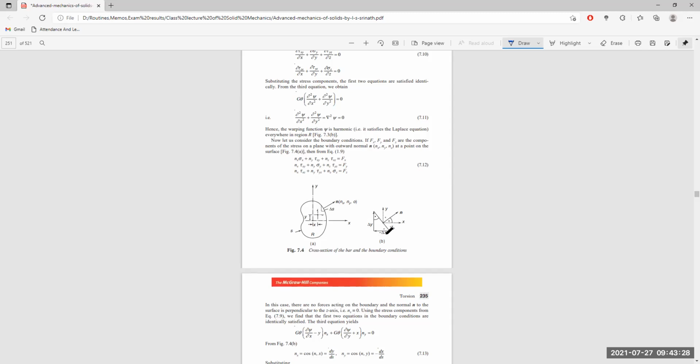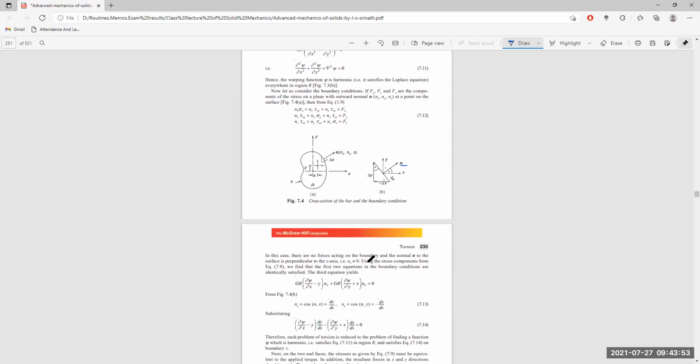We are saying that this is the minus x displacement because it is going to the negative side of the x-axis, and the plus y is going to the positive side of the y-axis. Here we have the x-axis, y-axis, and n is the normal on this particular plane. There is no force acting on the boundary, and the normal to the surface is perpendicular to the z-axis.